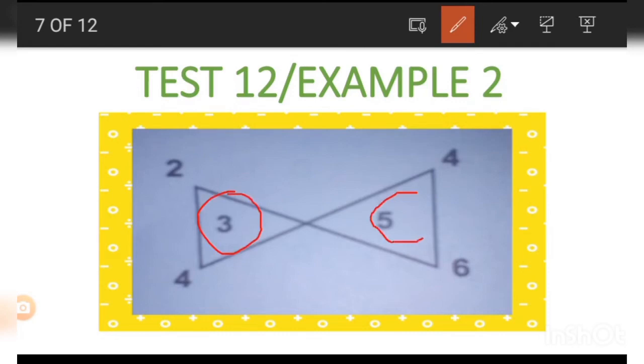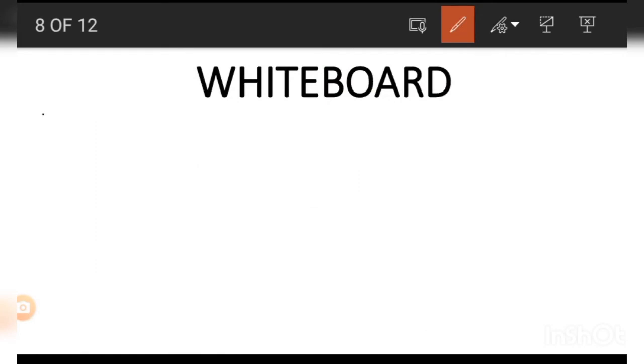If we wish to find the numbers in the middle, we will have to make use of the numbers at the vertices on the left and on the right. Now let's start with the numbers on the left. The first thing we do to get the number in the middle is to add up the numbers at the vertices.